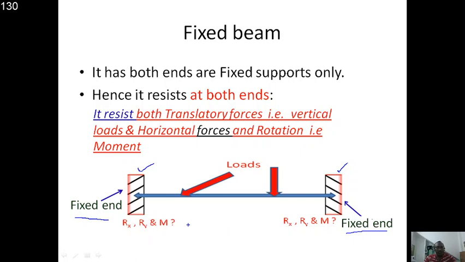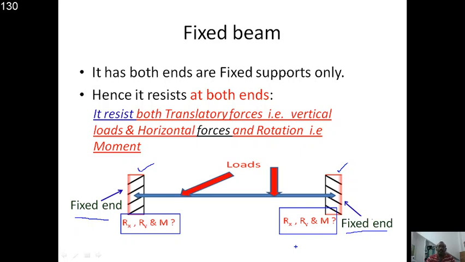For the sake of understanding, here we have three reactions, and here also three reactions. In total 6 components can have resistance at both the ends. That is the rigidity, more rigidity you can obtain in the fixed beam.